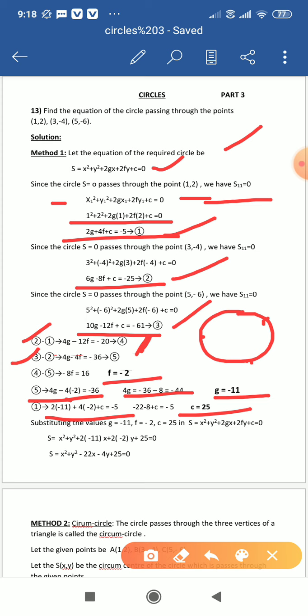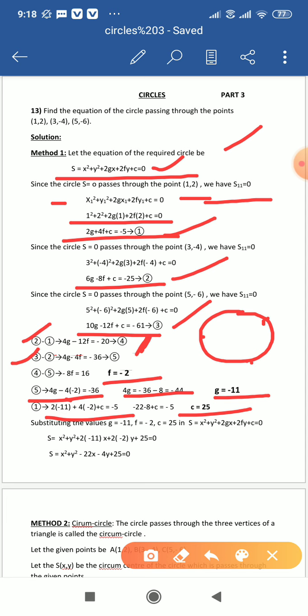Like that we find the values g is equal to minus 11, f is equal to minus 2, c is equal to 25. Already we let the required circle be s is equal to x square plus y square plus 2gx plus 2fy plus c is equal to 0. Substitute these three values in that equation.